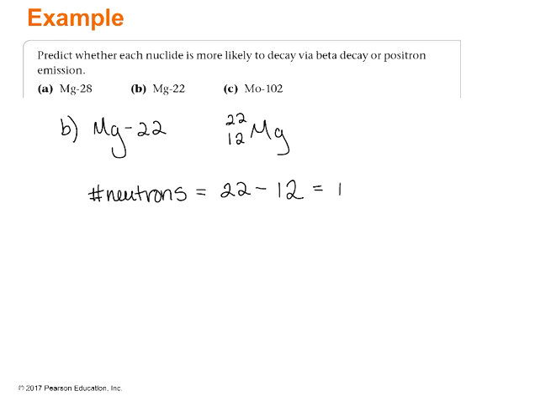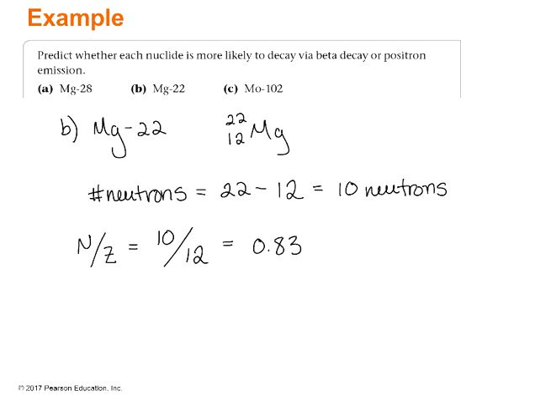And that tells us we have 10 neutrons. Okay, so now we can look at the neutron to proton ratio. So we have 10 neutrons and 12 protons. So 10 divided by 12 gives us 0.83. So that's pretty low. So that would tell me we have too few neutrons.